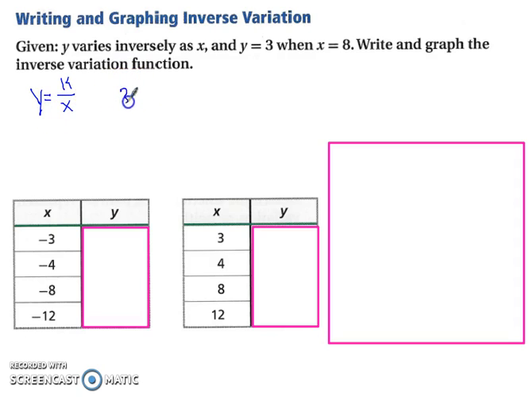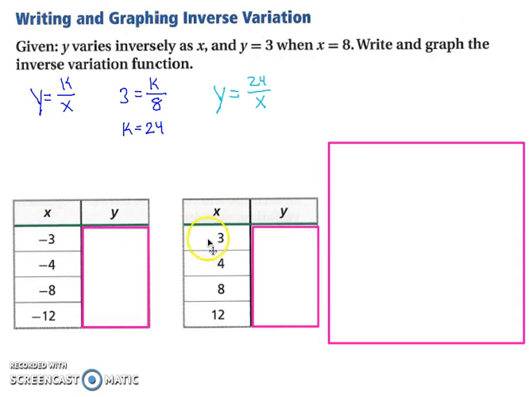So if y is 3 and x is 8, solving for k means that k is going to equal 24. So now we can write the inverse variation function, which happens to be y equals 24 divided by x. You can use a table to help you graph.